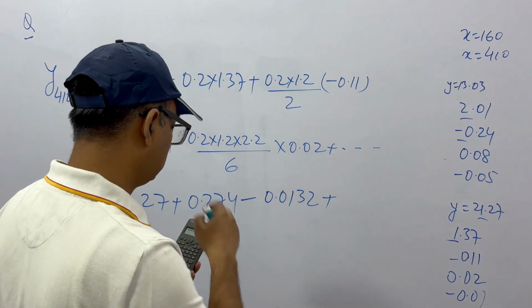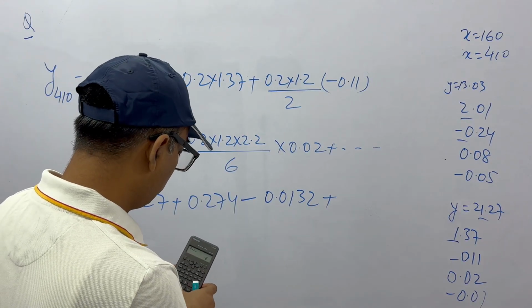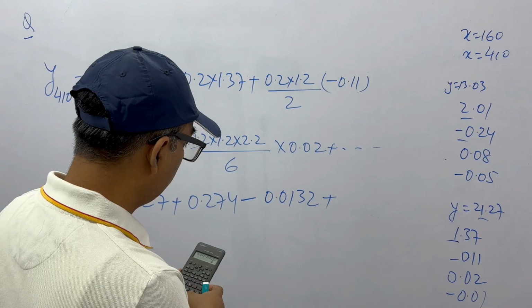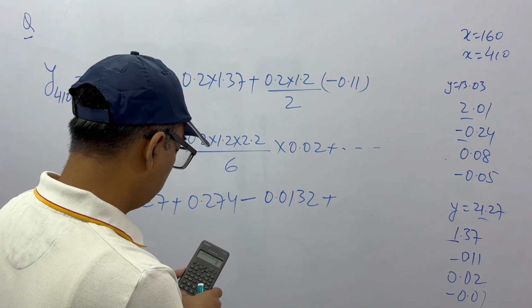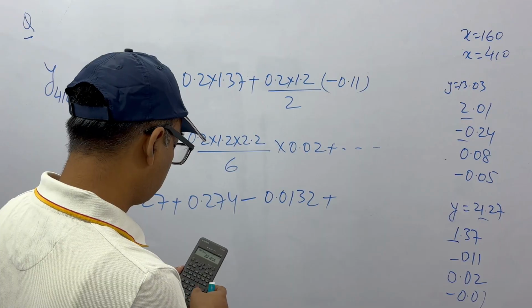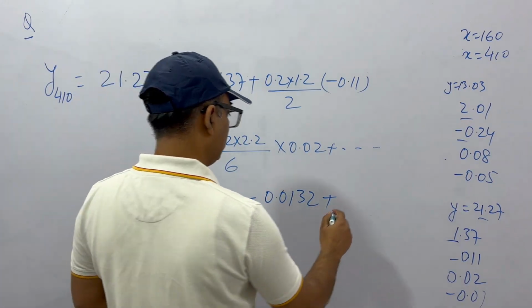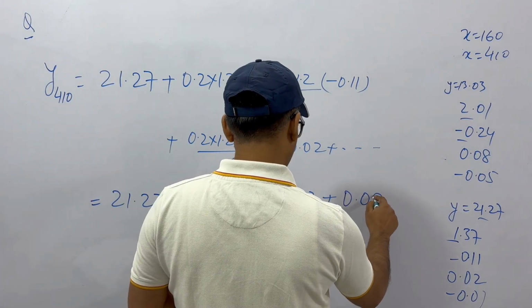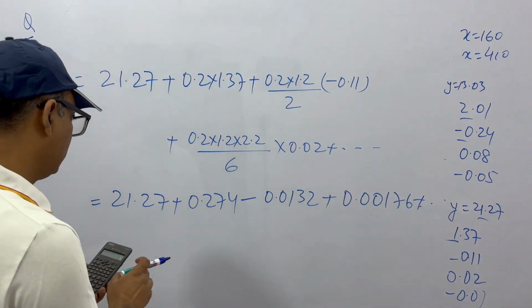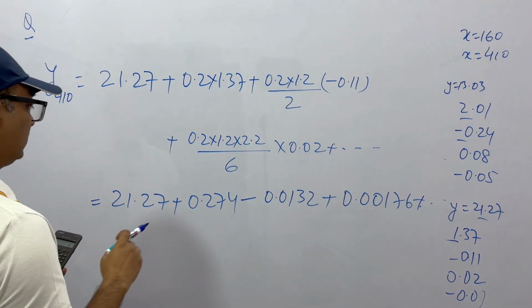This will be plus, so this is 0.2 into 1.2 into 2.2 into 0.02 divided by 6. So it is 0.00176 and so on. The values will be very small after this.